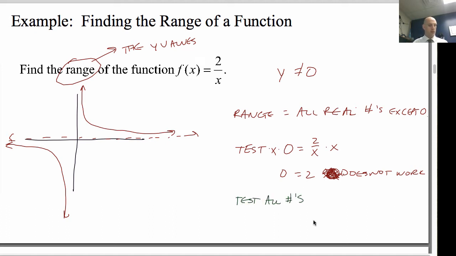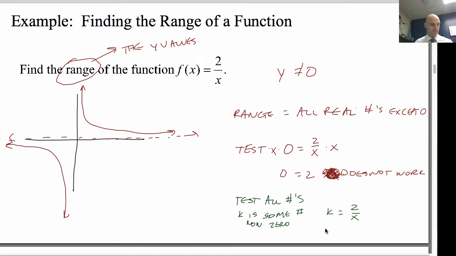Okay, so here we go. We're going to say k is some number. So k equals 2 over x. Okay, so this is non-zero. So we're just saying, what if k was 1,000,000? Could I get my graph to equal 1,000,000? What if k was 1.6? Could it equal that? So I'm just going to generalize it and say k is equal to 2 over x.